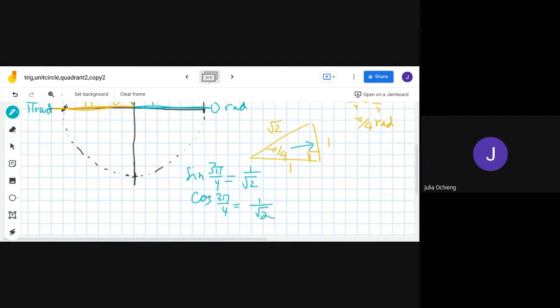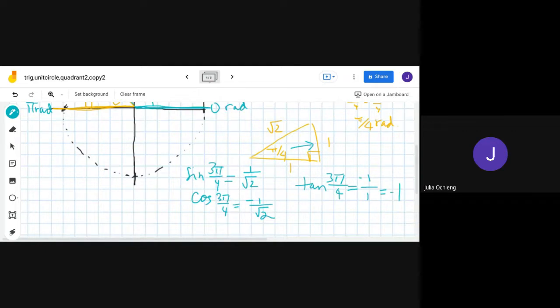But cosine is negative in the second quadrant. Tangent of 3 pi over 4 is opposite over adjacent, which is going to be 1 over 1, which equals 1. But it's going to be negative because we're in the second quadrant.